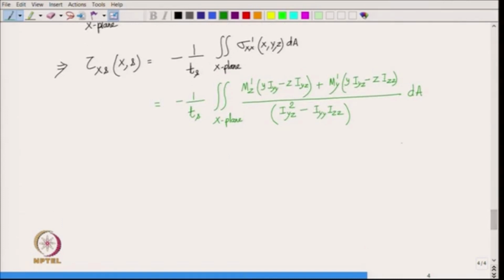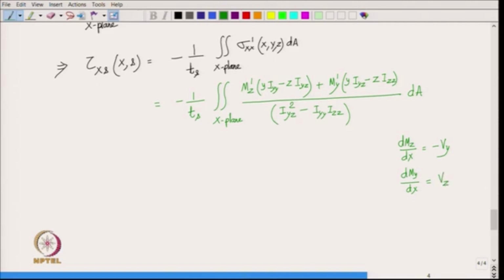So, we had found out earlier that dm z by dx is actually minus V of y, the shear force in the y direction. So, dm z by dx is minus V of y, and dm y by dx, which we did not find out, but this will turn out to be V of z.